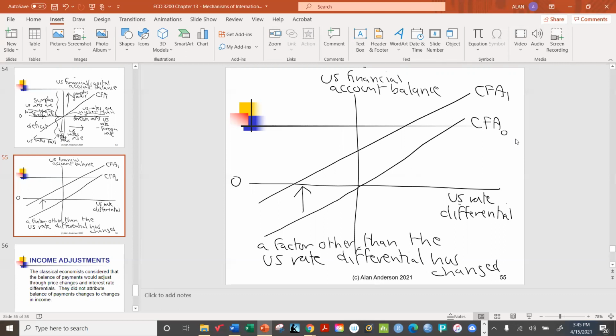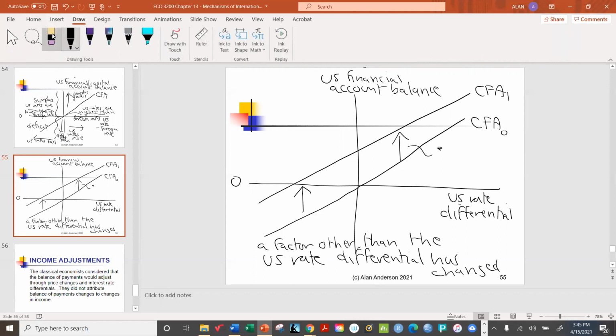Any outside factor will work, but the idea here is that for the curve to shift up, US investments have somehow become, no matter what the rate of interest is, relatively more attractive at all levels of interest rates.